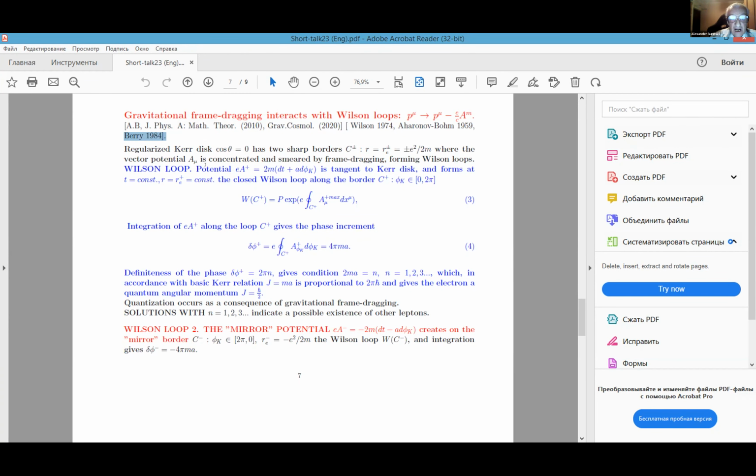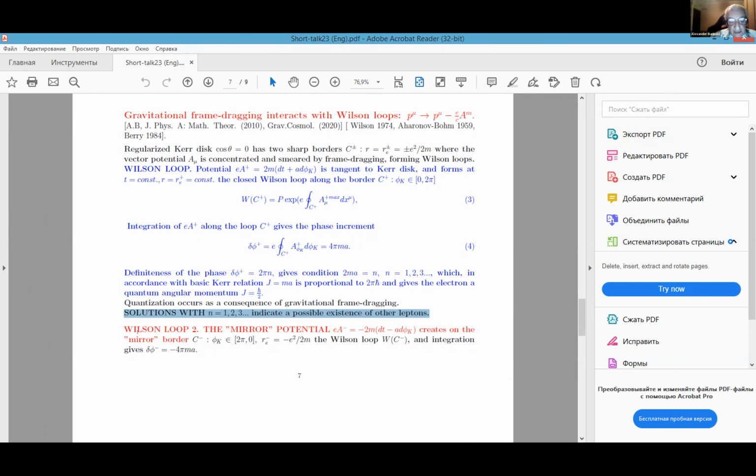The Wilson loop is formed by the potential, whose dragging is given by this formula, and integrating over the loop gives the phase increment, and this phase increment should be an integer, and we get quantization of angular momentum and even a series of quantum states, 1, 2, 3, and so on. Because of that, there are solutions which indicate the possible existence of other leptons.